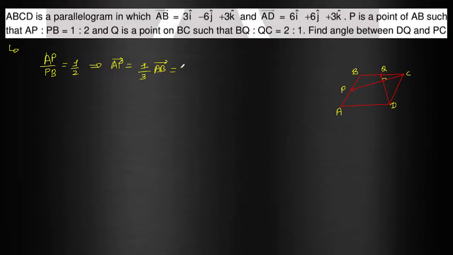Okay, so we have 1 by 3 of AB's vector, I cap minus 2J cap plus K cap. This is how it is going.